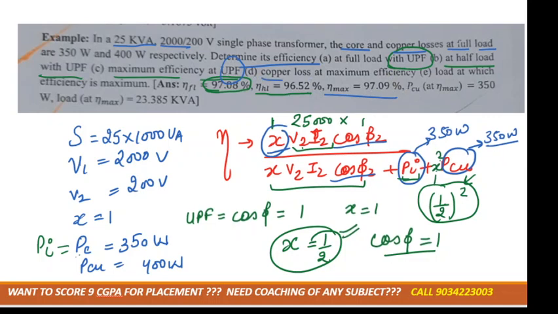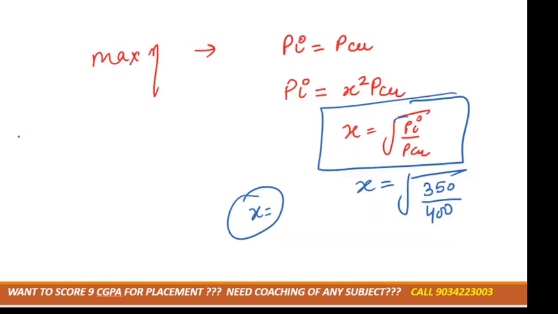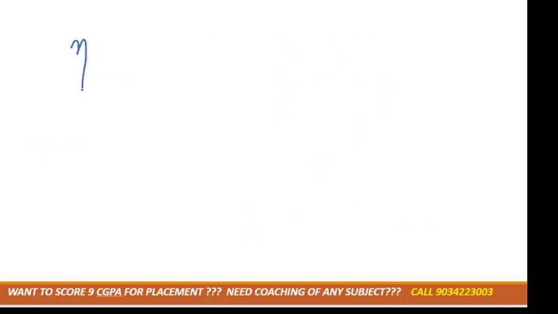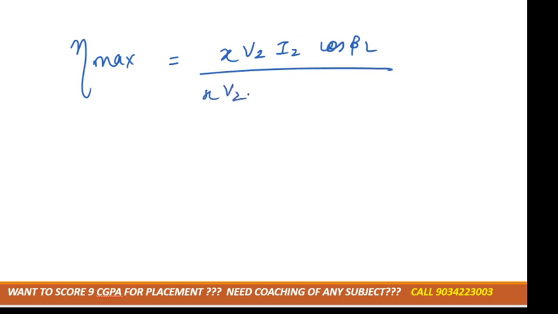But we need to calculate the D part. D part is copper loss at maximum efficiency. They are asking the copper loss at maximum efficiency. Now you know that x is equal to root of Pi by PCU. So we can put it in this formula: maximum efficiency is x V2 I2 cos phi 2 divided by x V2 I2 cos phi 2 plus Pi plus x square PCU.